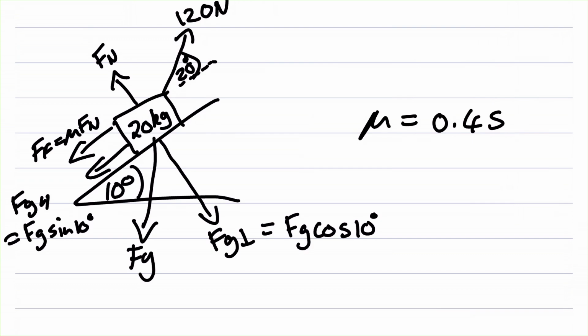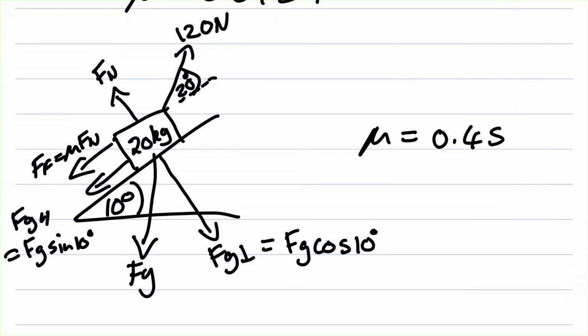The interesting part of this question is that the normal contact force is being helped by the upwards force. Because it's being helped by the upwards force, this normal contact force is less.